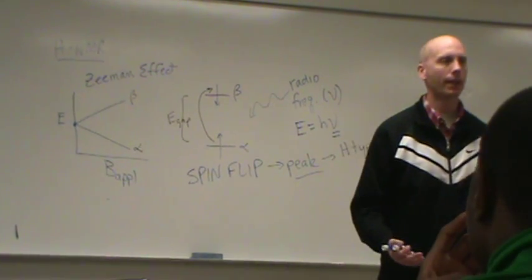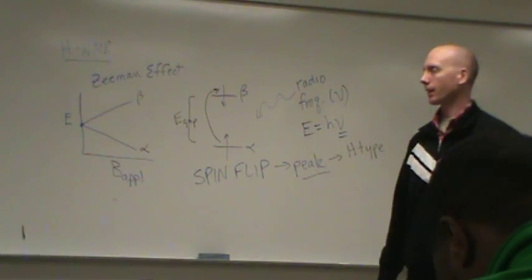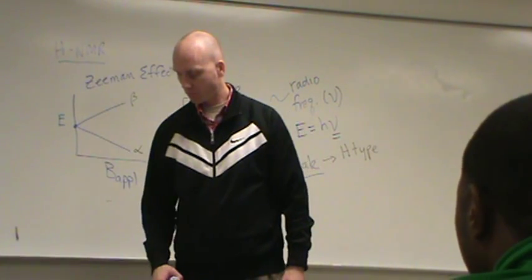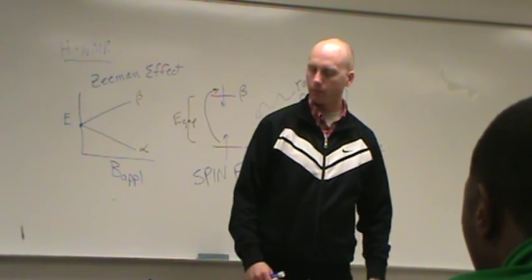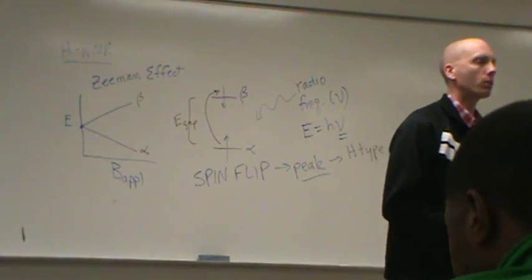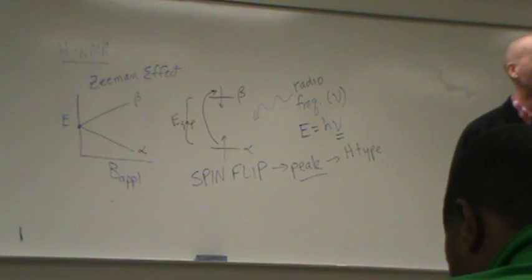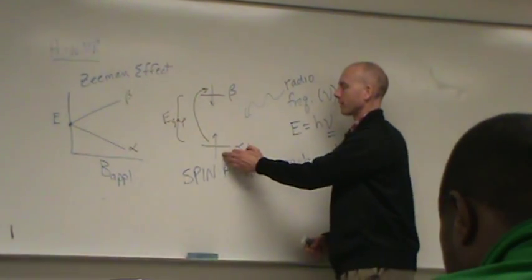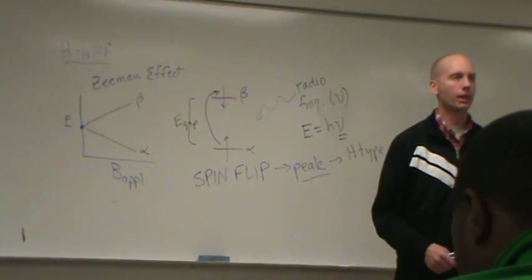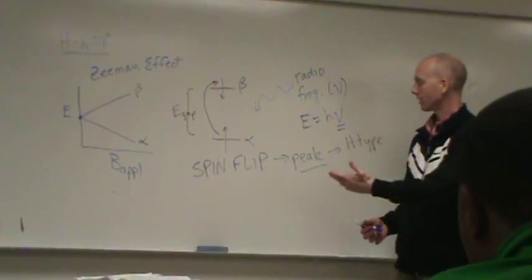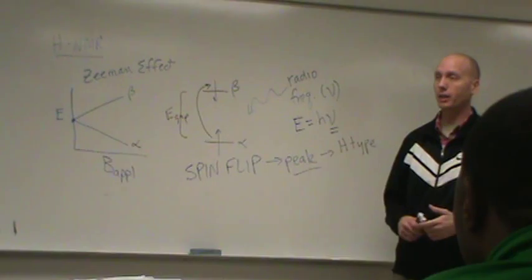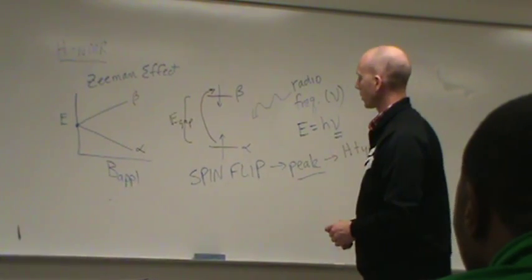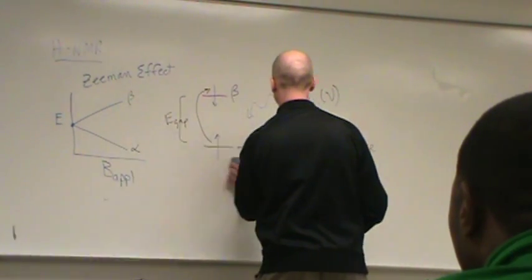Just simply a guy named Zeeman found this out and got it named after him. So any questions on where we are now with these spin flips? Now do you see the importance of the atom having spin so that we can do that? We can't generate this setup otherwise. We're not going to get any peaks, and the molecule's dead or the atom's dead to NMR. Okay, so let's go on to the next step here.